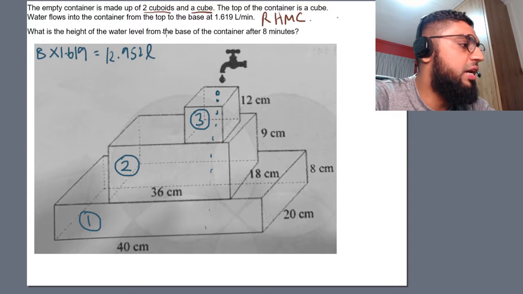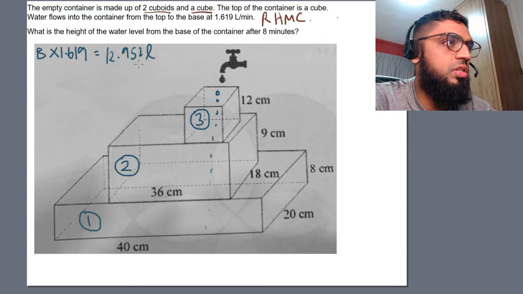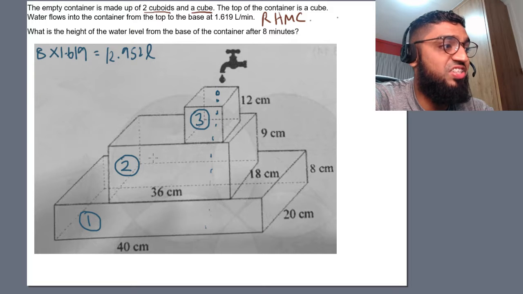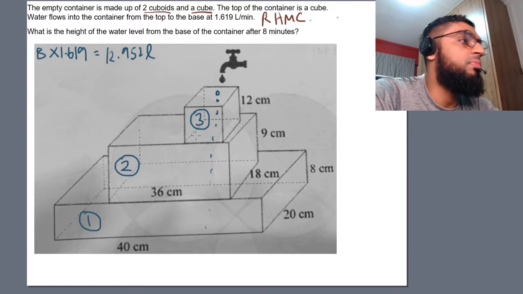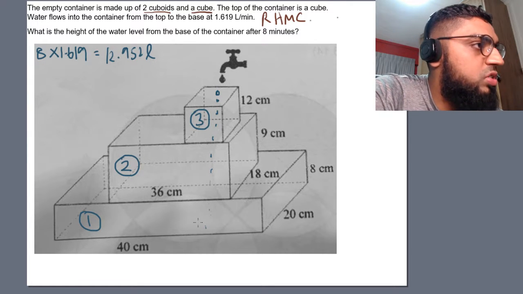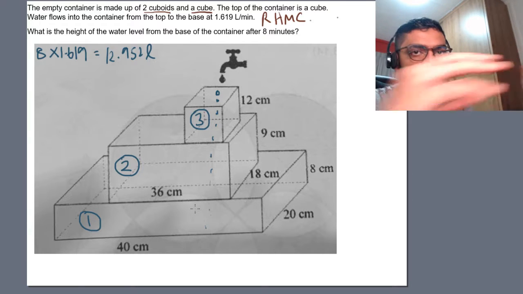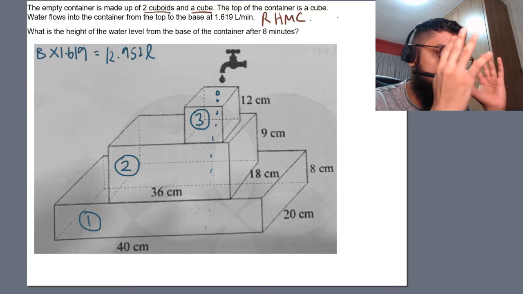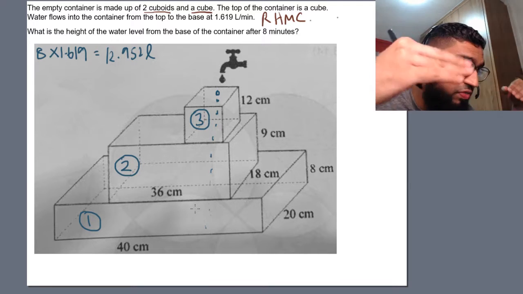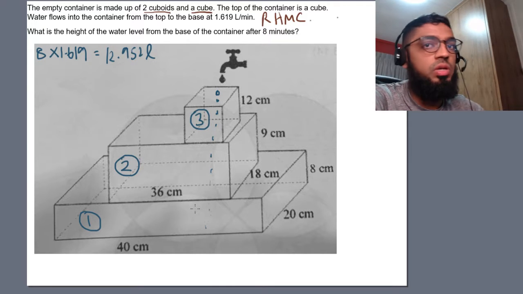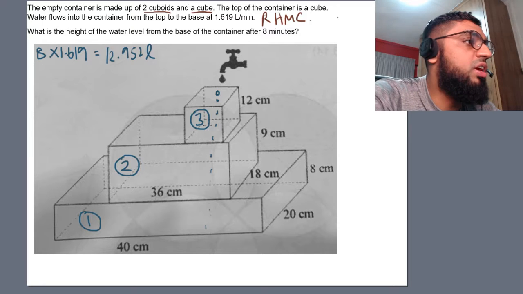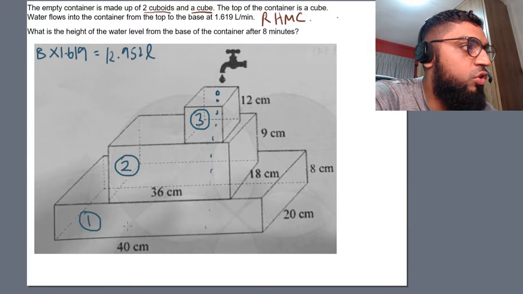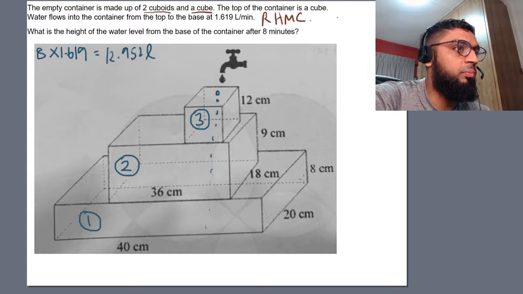Okay, so that I know that after 8 minutes, this is the volume of water that is actually inside this container. So where will the water be? Will the water be in part 1, just the first cuboid, or will it flow into container number 2, which is the second cuboid, or will it flow even further up into number 3? The way to check that is to check what is the volume of the first cuboid.